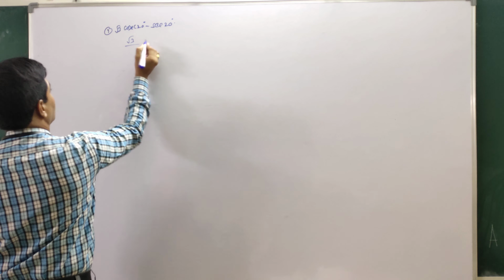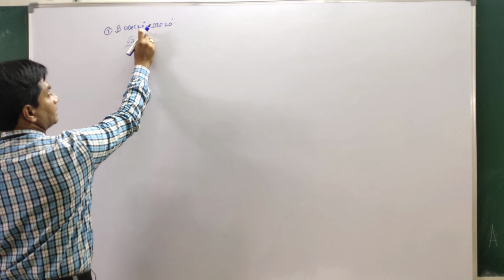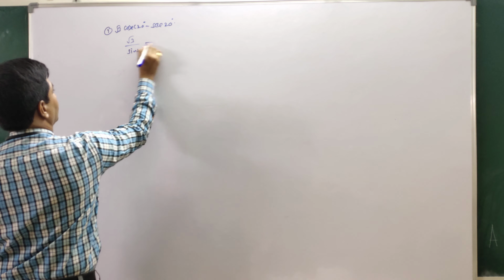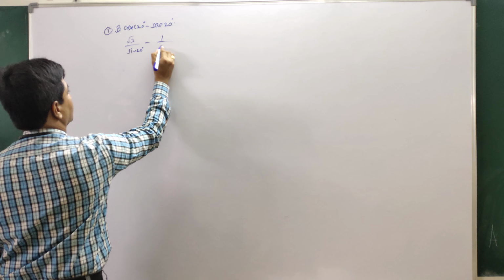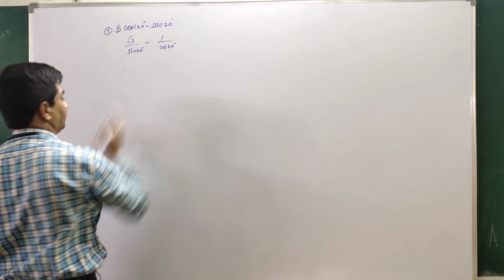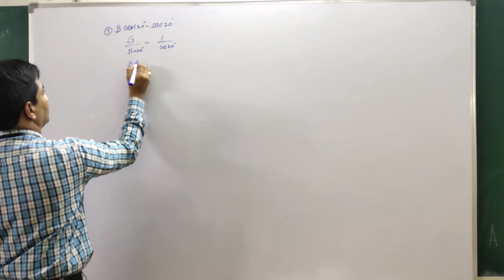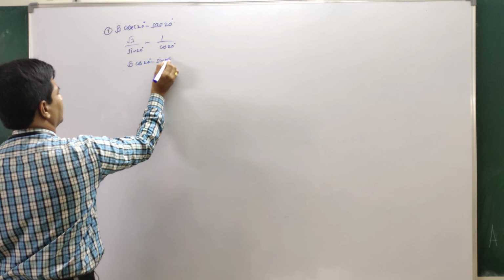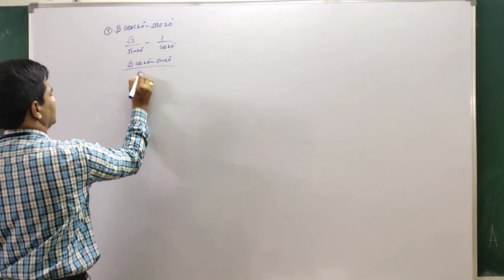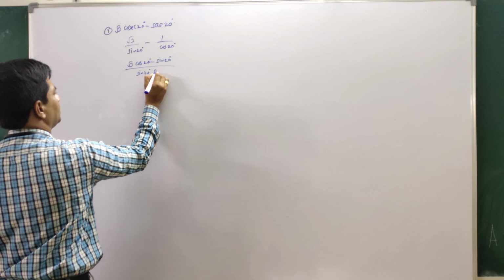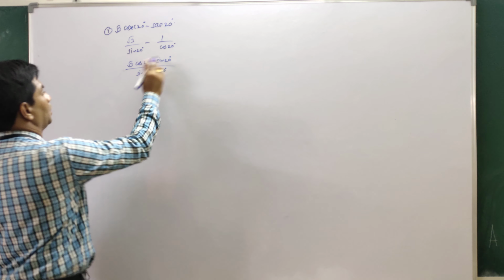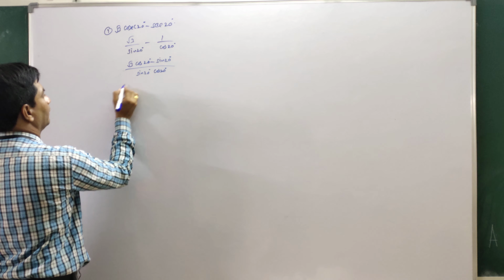The reciprocal of cosecant theta is sin theta. So cosecant 20 is written as 1 by sin 20, minus the reciprocal of secant, which is 1 by cos 20. Take LCM. So this will be root 3 cos 20 degrees minus sin 20 degrees by sin 20 degrees into cos 20 degrees. Multiply the numerator with 2 and divide with 2. So what will happen here?